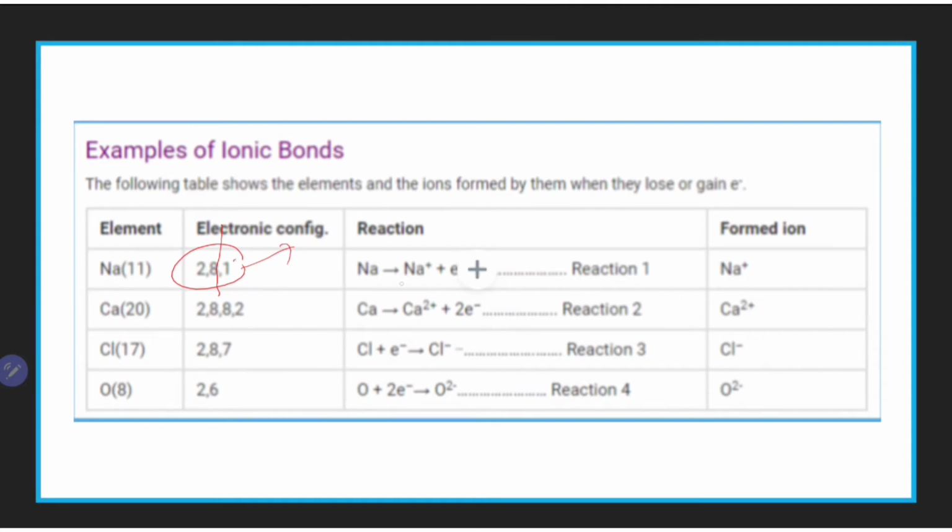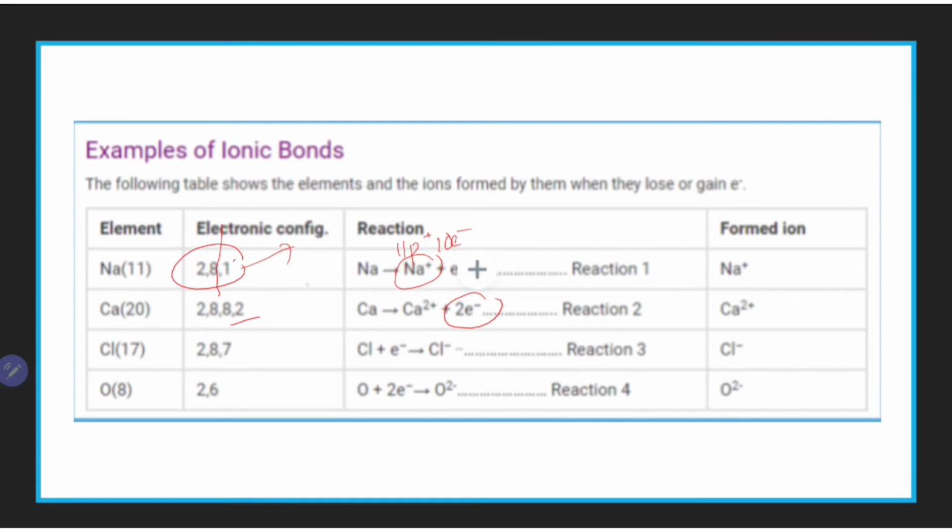Then we have Na+ because the number of protons stays 11, but after one electron is lost, there are only 10 electrons. So the atom becomes Na+, a positive 1 ion. For Ca with 2 valence electrons, we release 2 electrons.